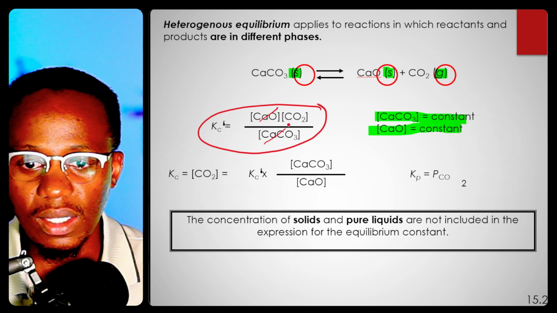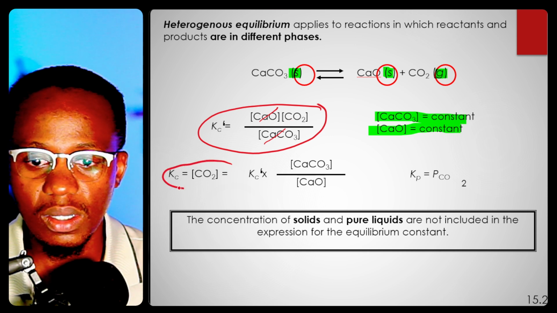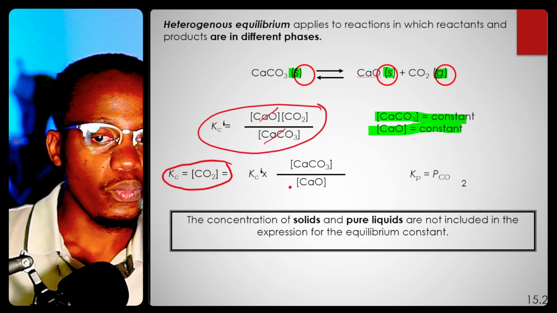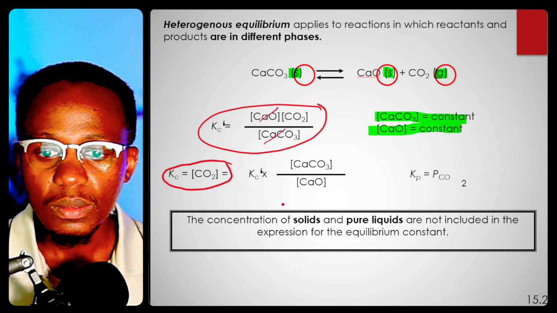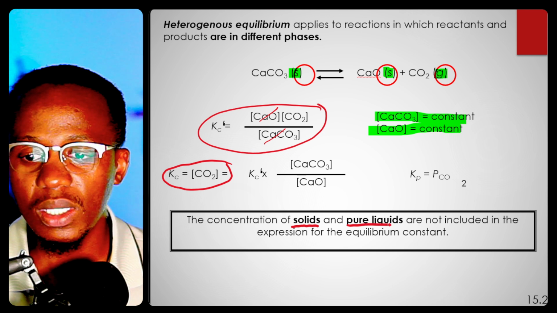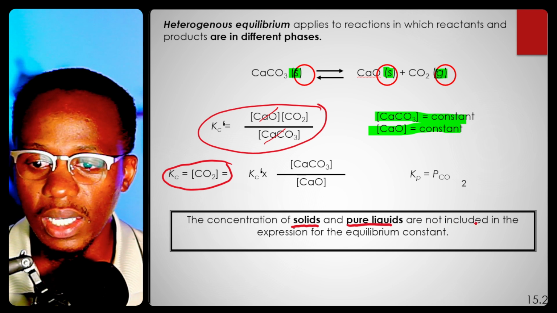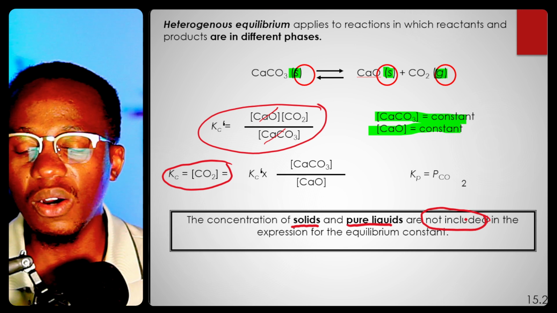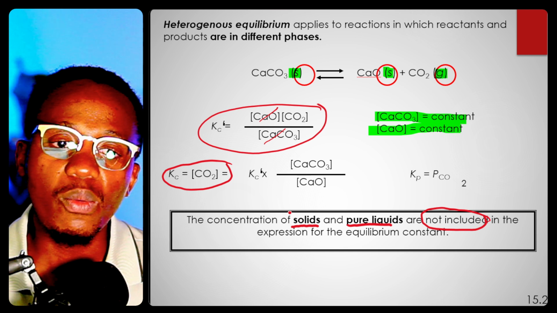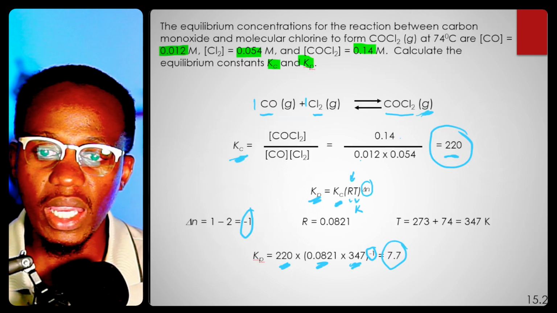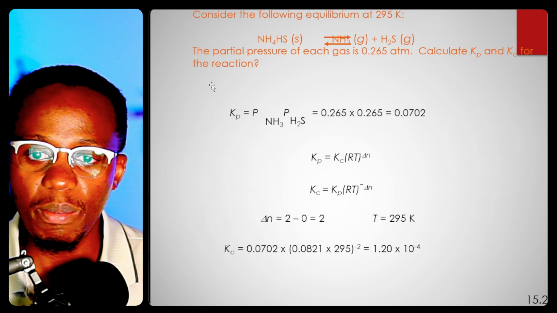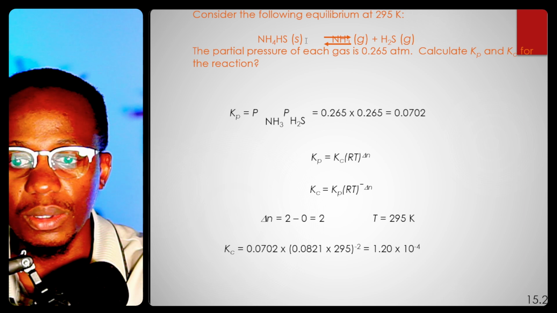So the equilibrium constant will be just CO2. The concentrations of solids and pure liquids are not included in the expression, because they are constant, they don't change, they are pure. So whenever you have aqueous or gas, that's when you use the equilibrium constant. Very important to remember.